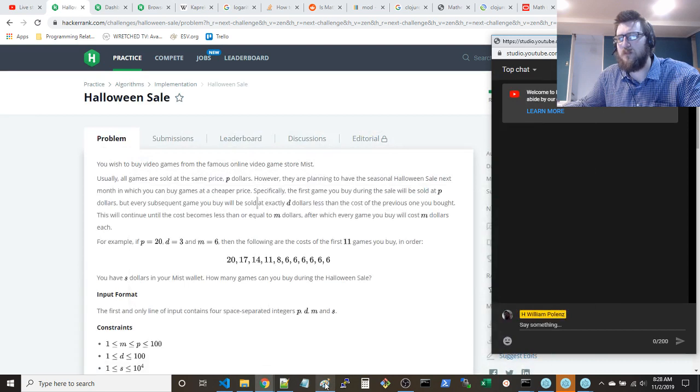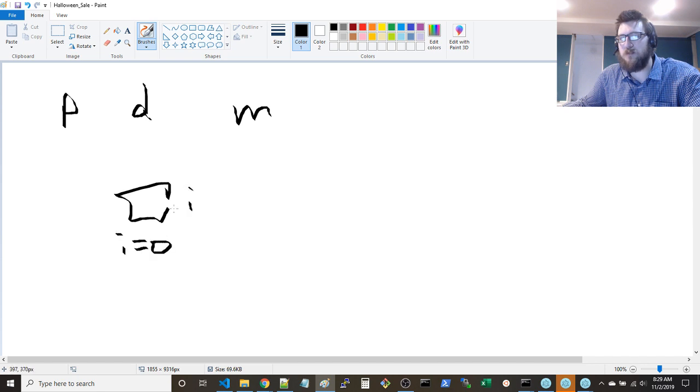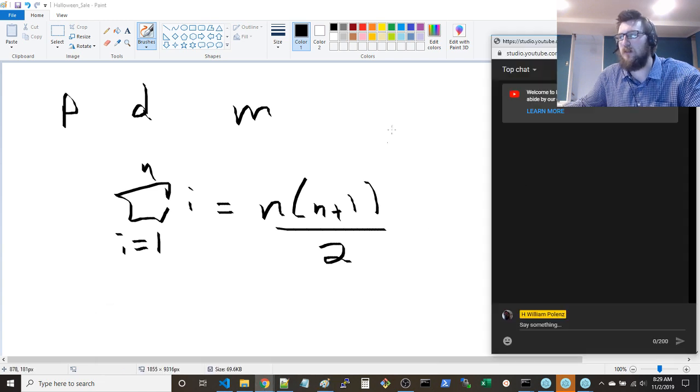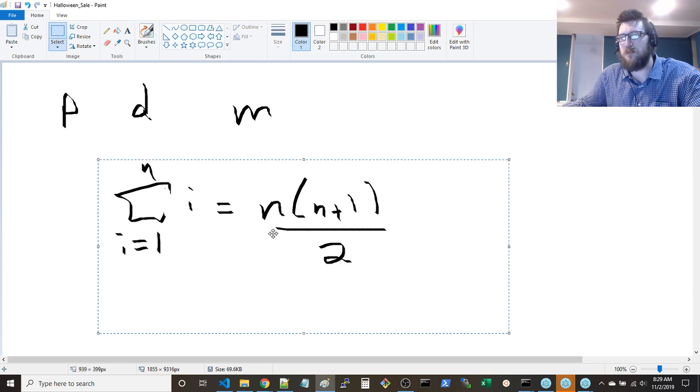So, you got P, D, and M. Given P, D, and M, we're gonna make use of a simple sum, not a geometric sequence. This is a well-known fact about summations, which I have used quite a bit in the past and continue to use for problems like this, to optimize the code and make it perform these sums a lot faster.